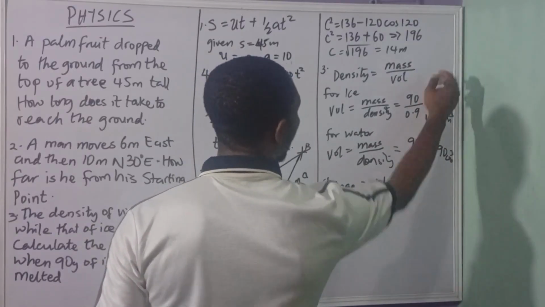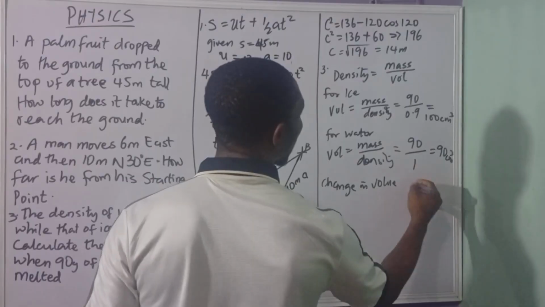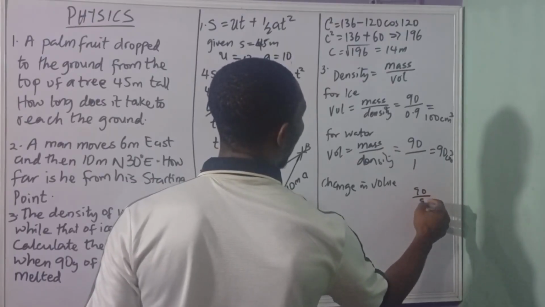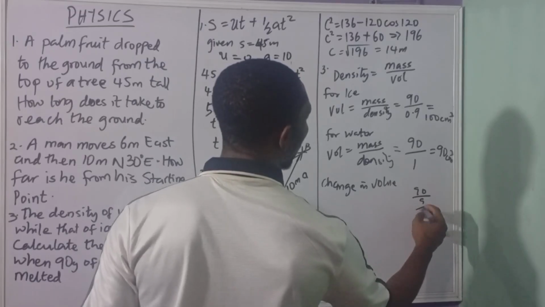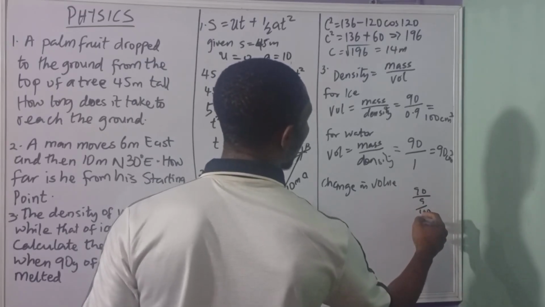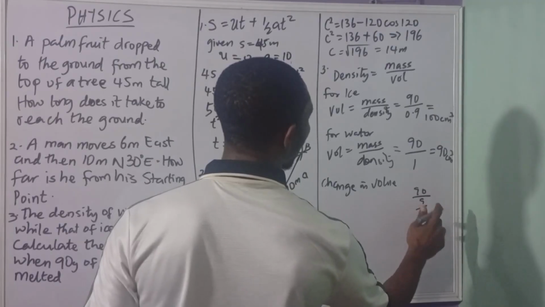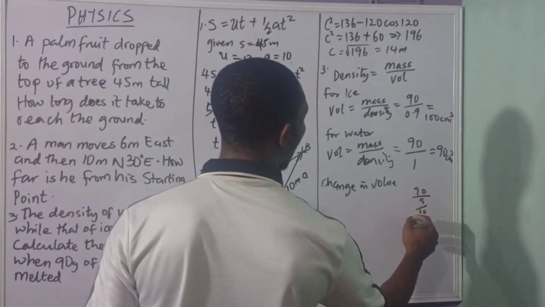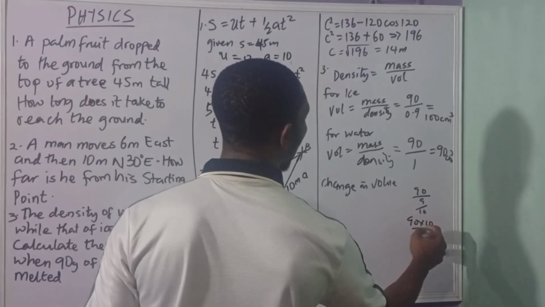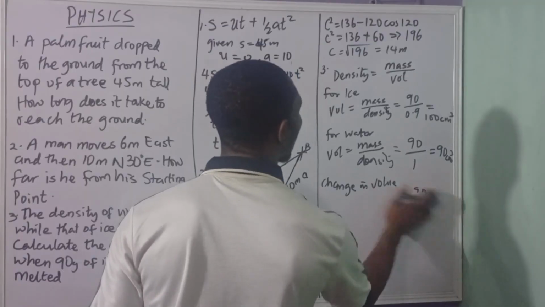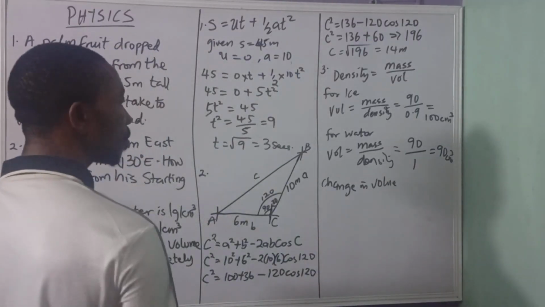Okay, this would be 90 over 9 over 100, which becomes 9 over 10, sorry. So which becomes 90 times 10 over 9. 10 times 10 will give us 100, so that should be 100.